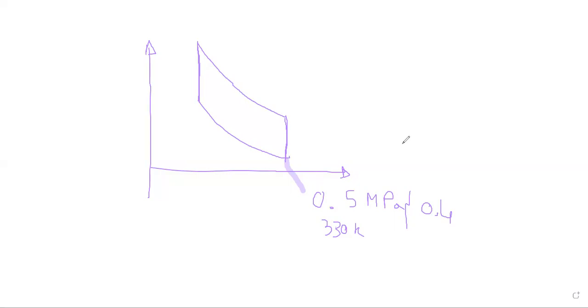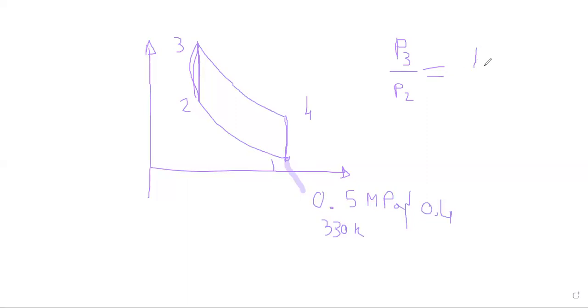Now, the other information given is that the pressure elevation ratio during combustion is 1.5. So we know that the combustion process is here. If we name the points 1, 2, 3, and 4, they gave us the ratio P3 over P2, which is the ratio of elevation of pressure, equal to 1.5.